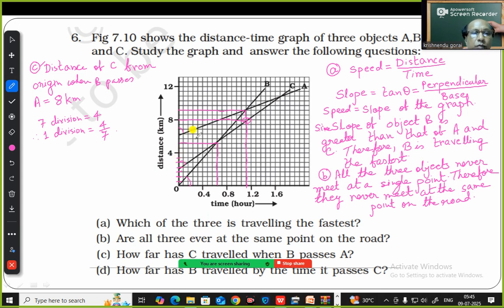C is 4 blocks away from origin, right. C is 4 blocks away from origin.